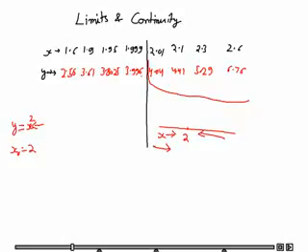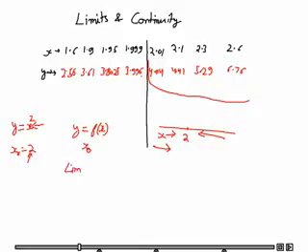Now suppose there is any general function y equal to f of x, and instead of 2 we take some value x0. To see the limit of the function at x0 means that there are two limits.